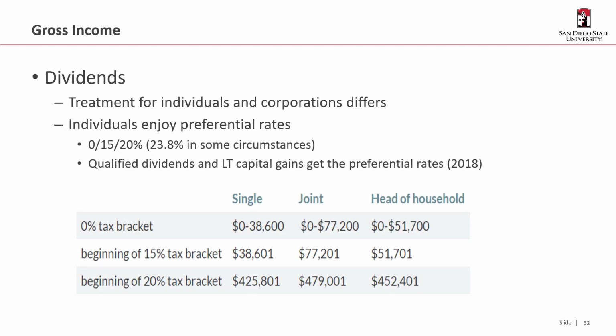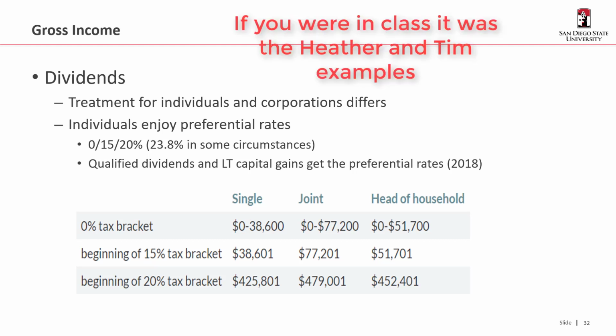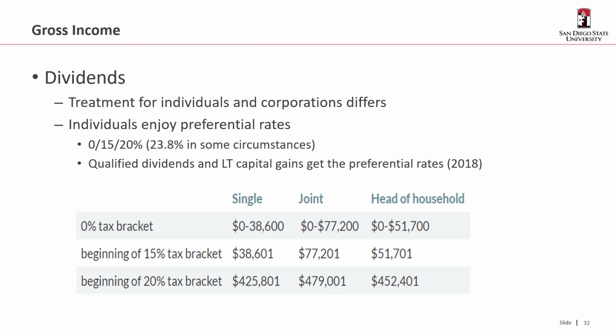Dividends are another form. By now we will have worked through some examples in class on dividends, so I don't want to beat it up too much, other than to note that the treatment for individuals and corporations differ. Individuals enjoy preferential rates. Corporations do not. We know that it could be 0, 15, or 20%.